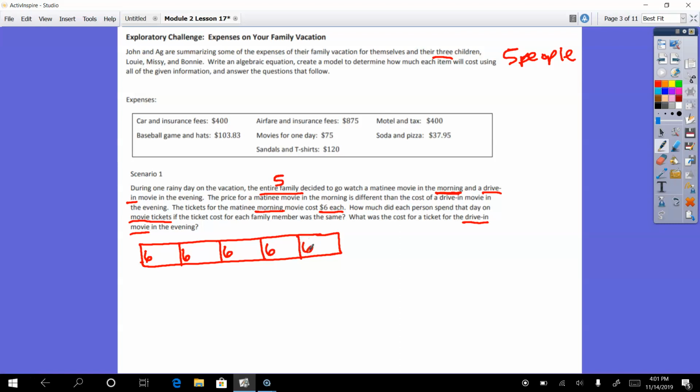Okay, plus they also went to the evening, which we did not know how much the evening was going to cost. In my expenses information, I see that the movies, the one day that they went, cost a total of $75.